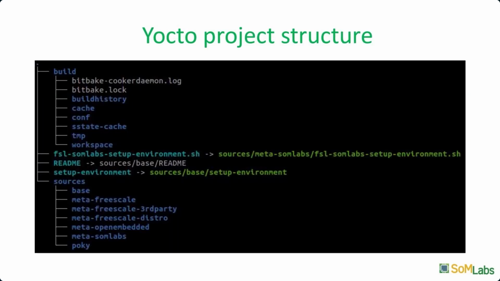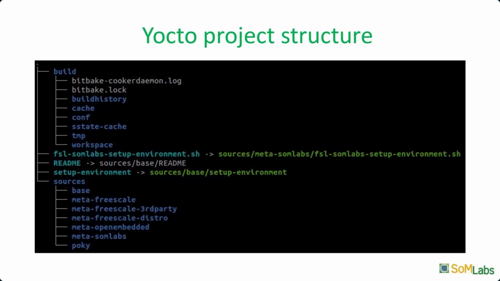So now I would go more into details about the Yocto project, about its structure, and how to find the configurations and sources within the files provided. If we download the Yocto project, for example, from the SoMLabs repositories that we provide for our boards and modules, we will find a set of so-called meta layers.